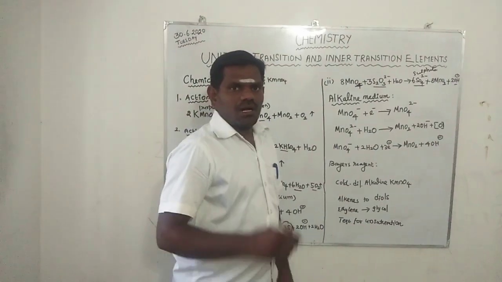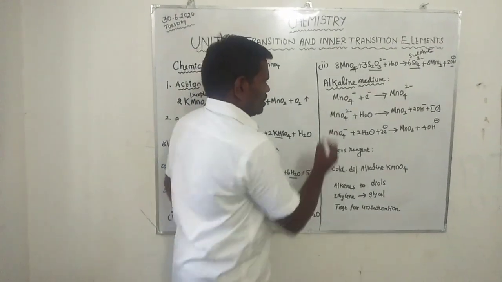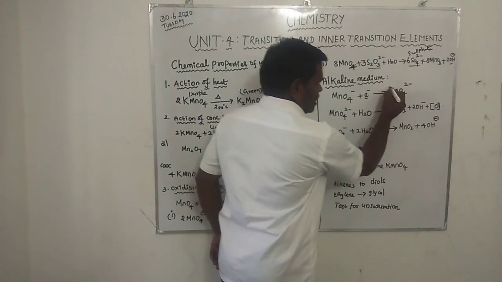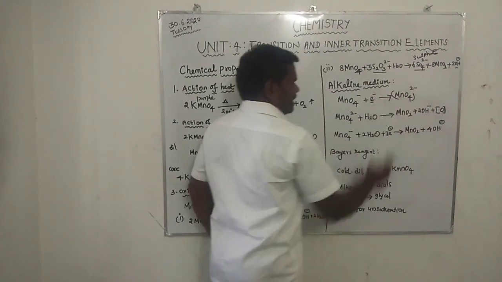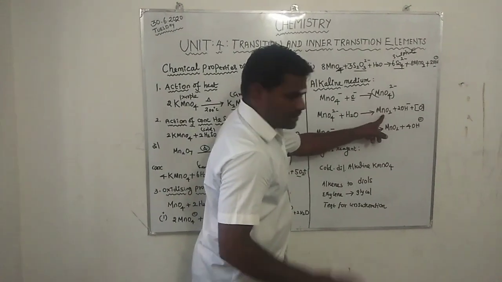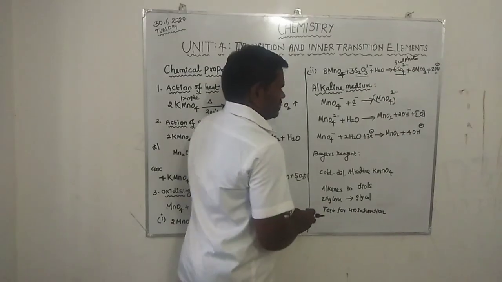Next, oxidation process in alkaline medium. MnO4 gains an electron and is converted into manganate ion. Manganate ion treated with water is converted into manganese dioxide and base and excess of oxygen.